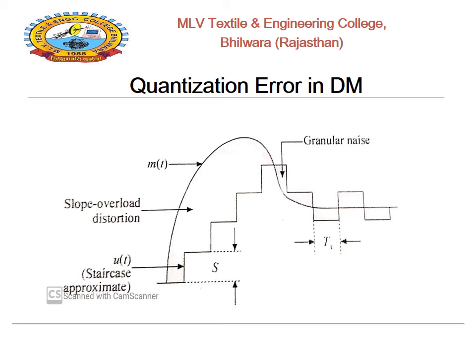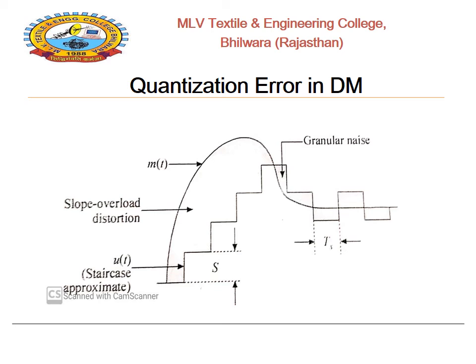Slope overload distortion is generated when the rate of rise of the input m(t) signal is so high that the staircase signal cannot approximate it.